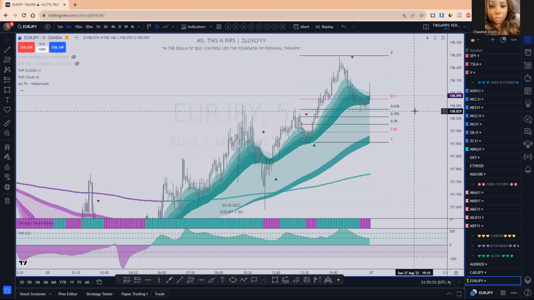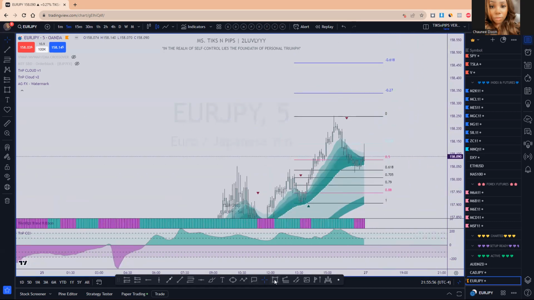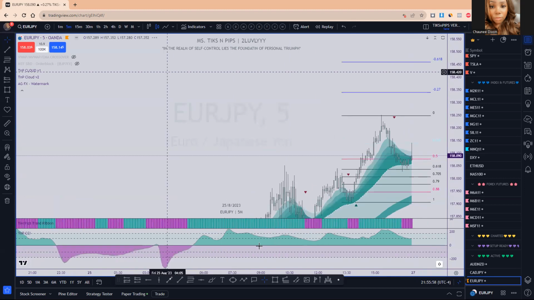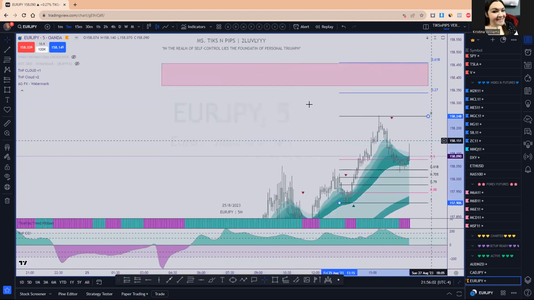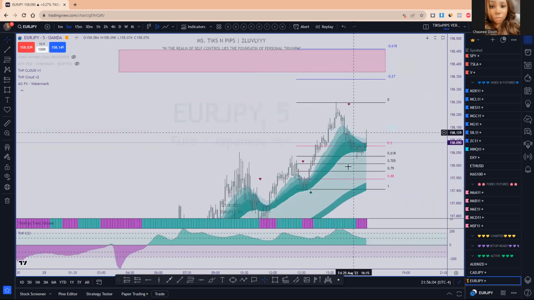So if you see a supply zone sitting up here, you could still buy up into it. Again, this is one of those things where it's your preference. Price is going to be attracted to that supply zone. You can still take it up, and then watch for whatever is going to happen.